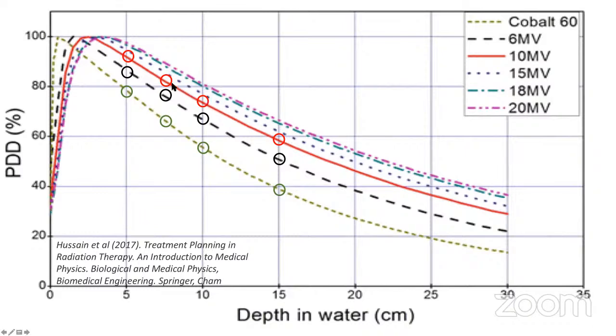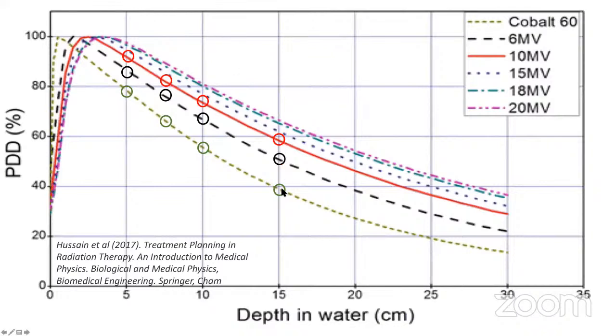What is important to note is that as you increase the energy from cobalt to 6 MV, you get a major advantage. From 6 MV to 10 MV, again a distinct advantage. After that, when you increase the energy, there is not so much increase in the percentage depth dose. And this is for one particular field size, let us say the 10 by 10 centimeter field size.